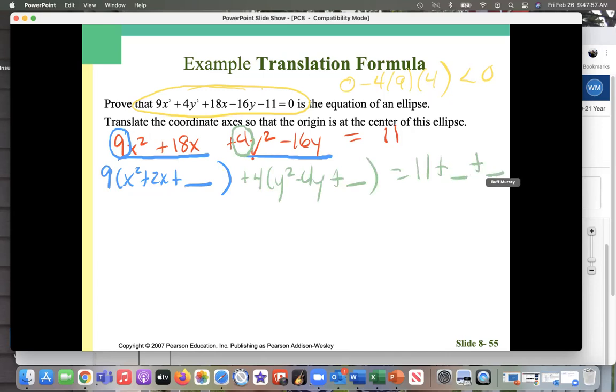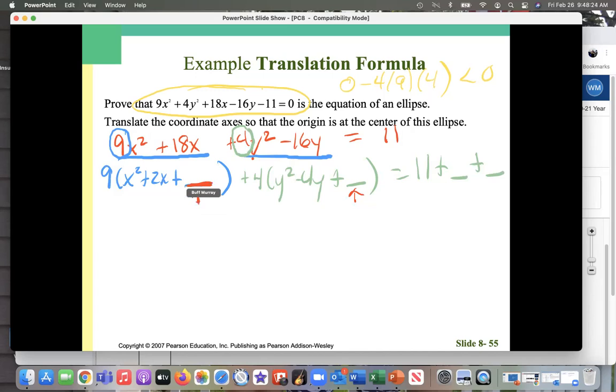Now, if you look on the right-hand side, I put 2 blanks there. Hopefully you understand why there's 2 blanks there. In order to complete the square for both of those, I'm going to have to put something here and here, something different in each case, right? And then whatever I add to the one side, I better balance it out by adding it to the other side. So what would go in this blank right here?